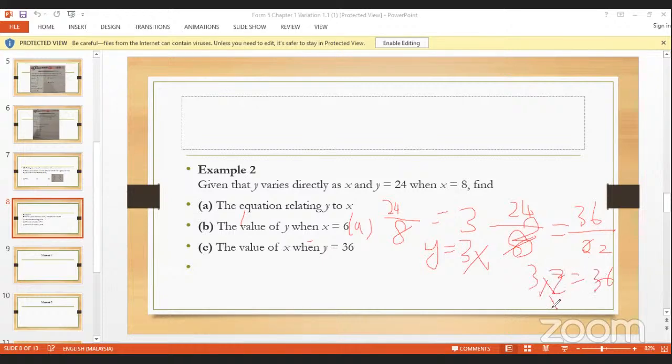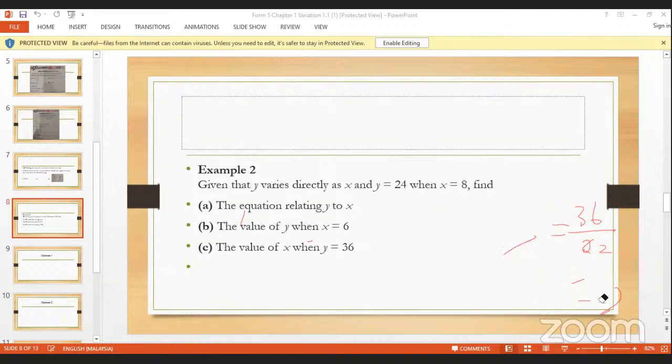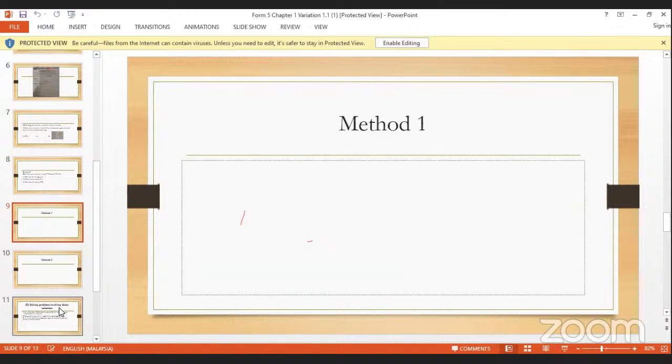So x2 equals 12. You get the answer. This is how you do the questions. Okay, move on to example question from past year.